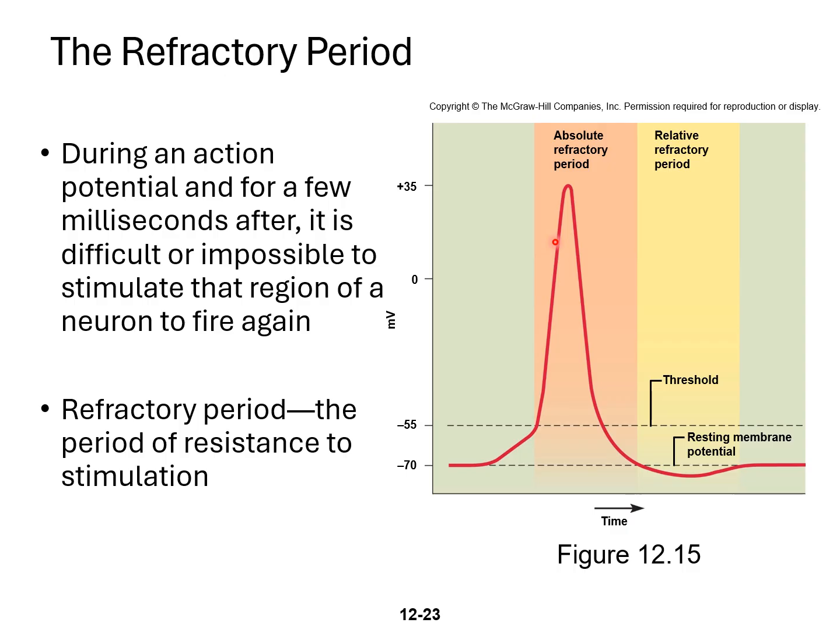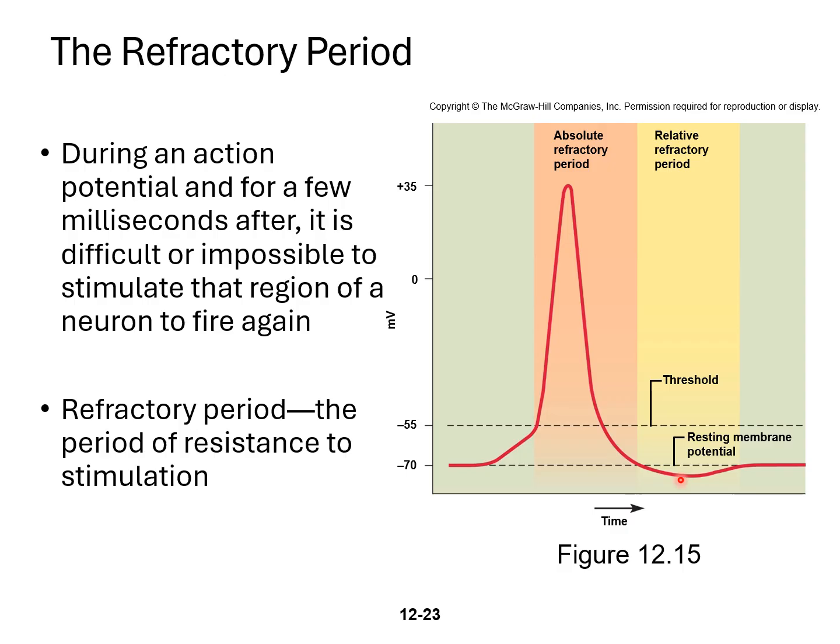You can either open your voltage-gated sodium gates or voltage-gated potassium gates. During the absolute refractory period, those two gates are already being used. So even if you really wanted to send another signal, you would have to wait until after this signal is done. The relative refractory period, look at how much further away from threshold it is.